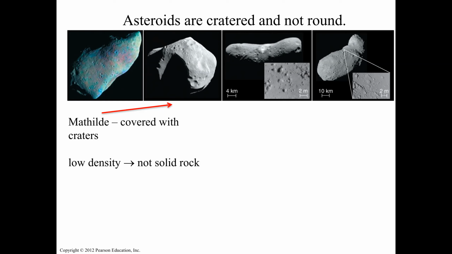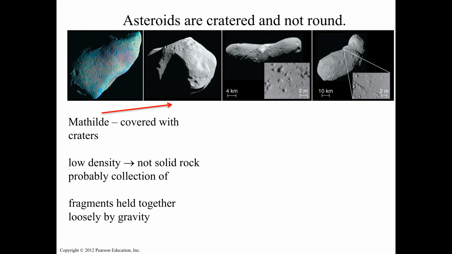So they are probably a collection of little small particles, or dust grains or gravels, just sticking together by a very small gravity. It is not one solid piece of rock, and these fragments are held together loosely by the gravity.